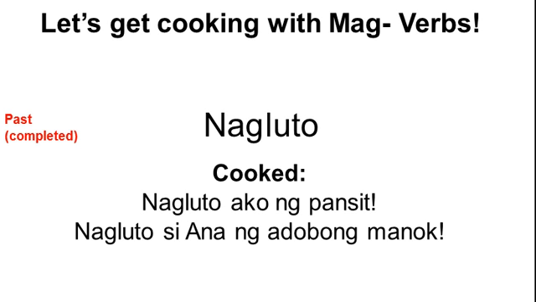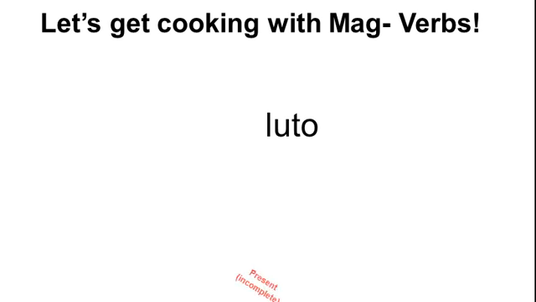All right, let's get rid of that and take a look at present tense, or what we would call incomplete. It's not finished yet. It's still ongoing. Luto is there by itself. And watch what we do to luto. Take a look at the middle there. You see that little lu in the middle there?